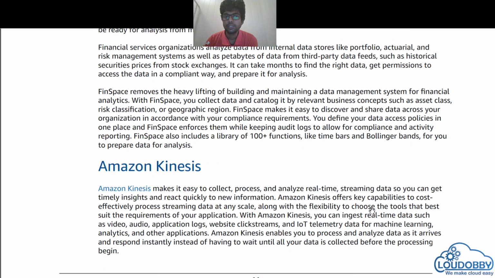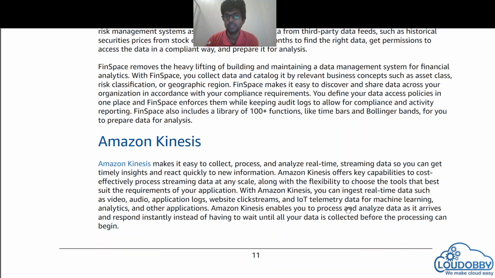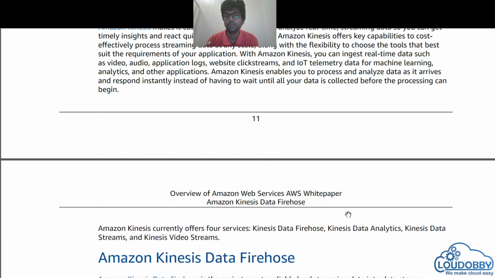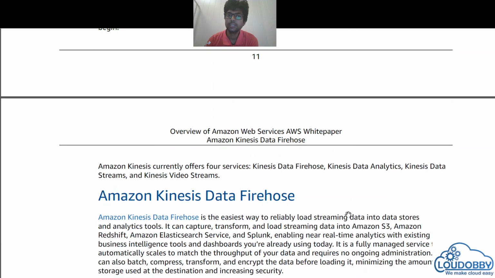Amazon Kinesis makes it easy to collect and process real-time streaming data. So when you talk about real time, how many users are accessing our website, or how many are watching your movies, video, audio, the real-time things happen using Kinesis, and you can do analytics of how many people are watching your videos. And in Kinesis, we have different flavors.